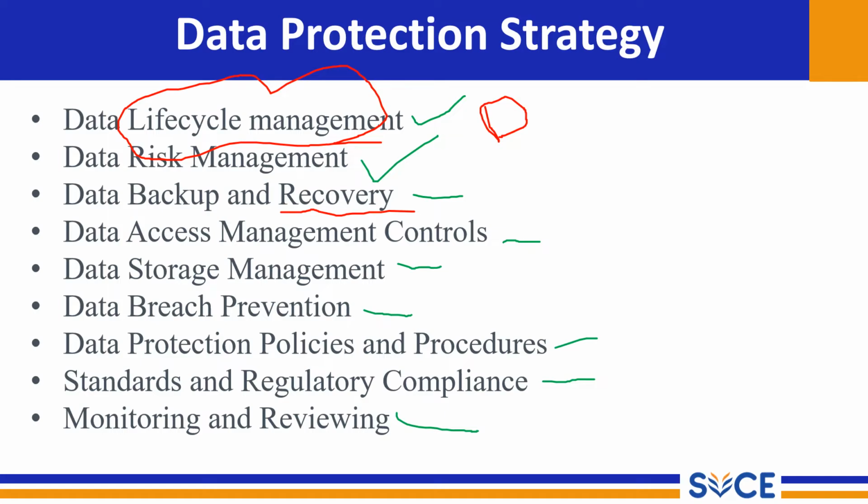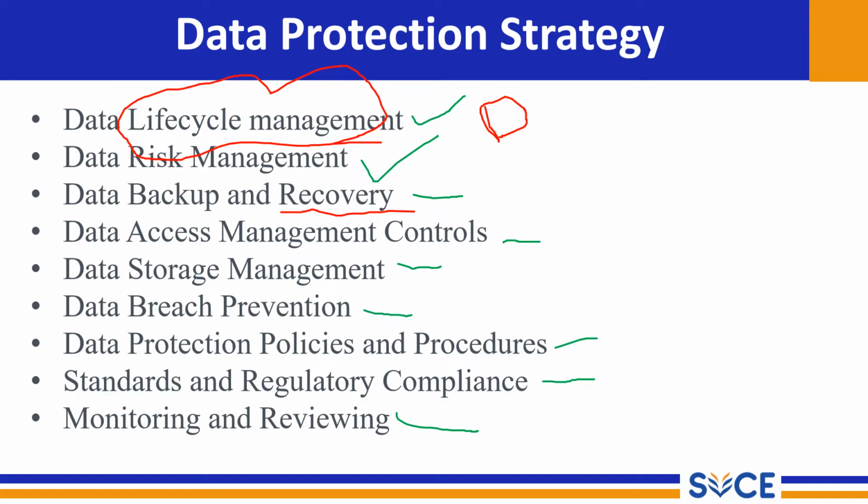Backup and recovery measures are a critical component of a data protection strategy. Once the data is created, it should be backed up to ensure it can be recovered in case of a failure. A data protection strategy should define which types of data should be backed up, how the data should be recovered when a disaster occurs, and which storage medium is going to be used.